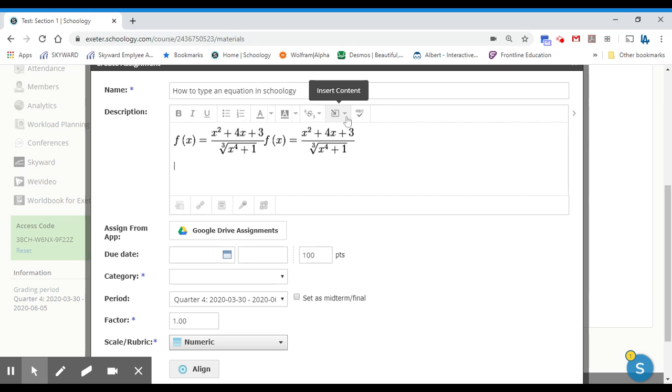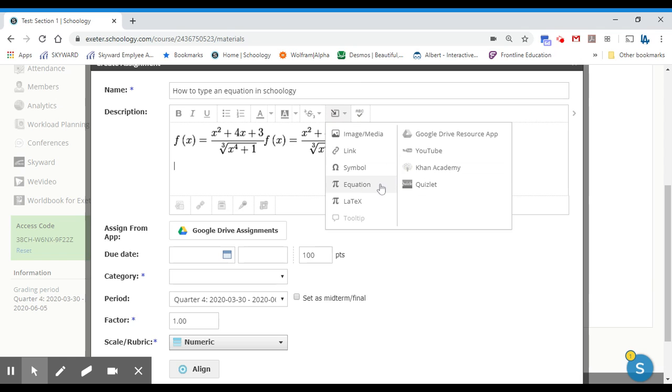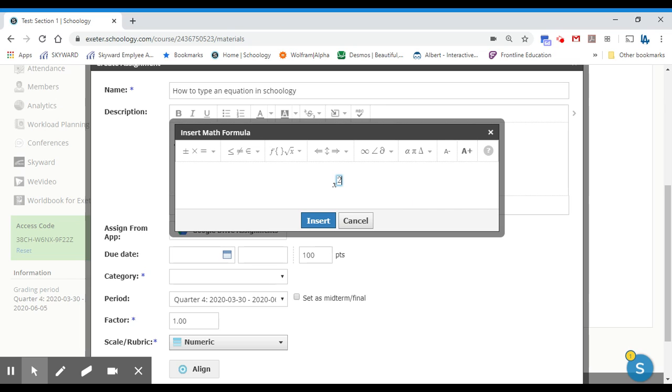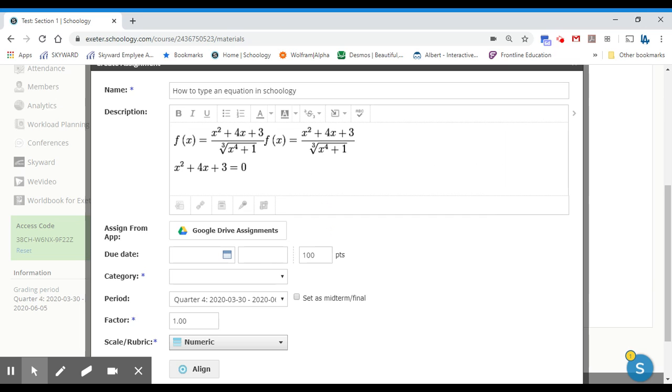I will insert content, equation, and we're trying to now solve x squared plus 4x plus 3 equals 0. I can now just insert that. And then my factoring, I'll just factor that by inserting another equation.